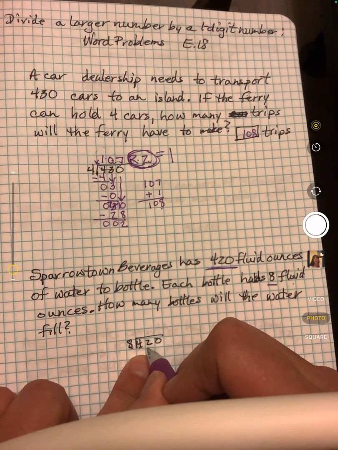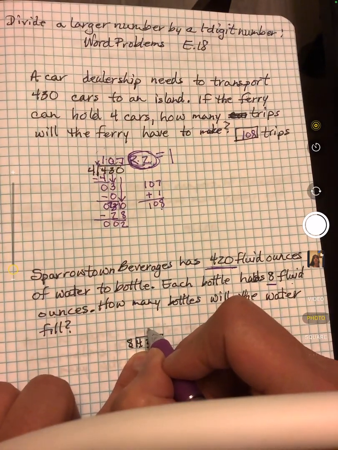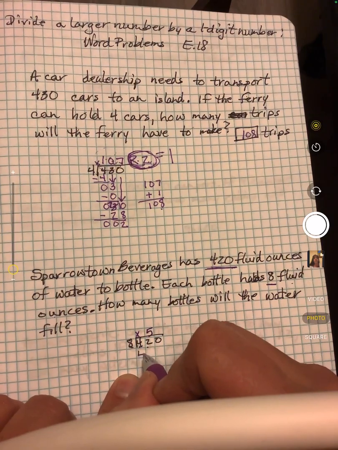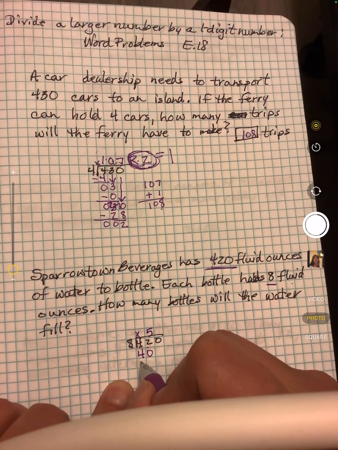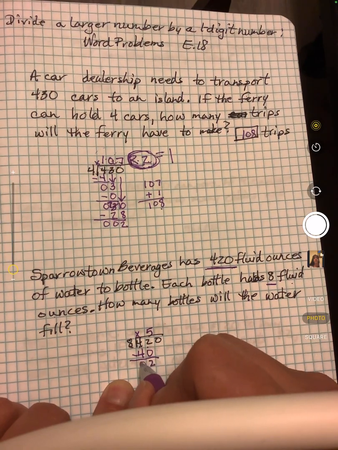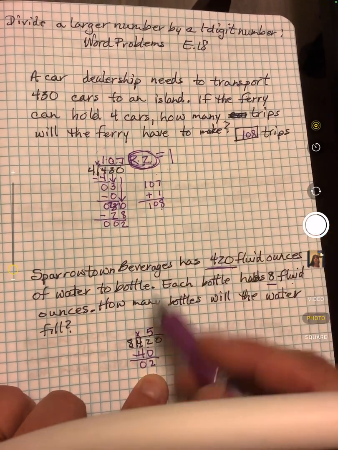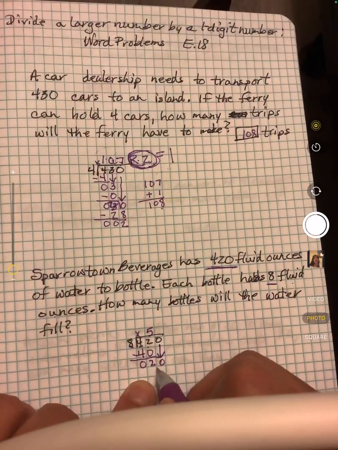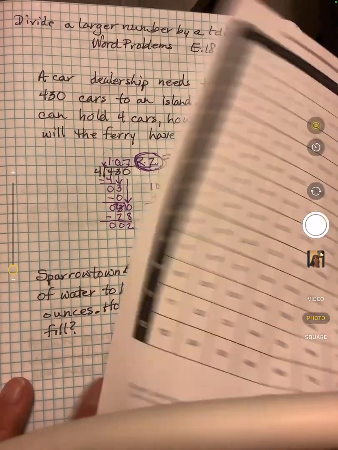No, 8 goes into 42. 5 times 8 is 40. Okay, we subtract. Now this one's going to be a little bit different than this. Bring down your 0. Now I have 20 divided by 8.